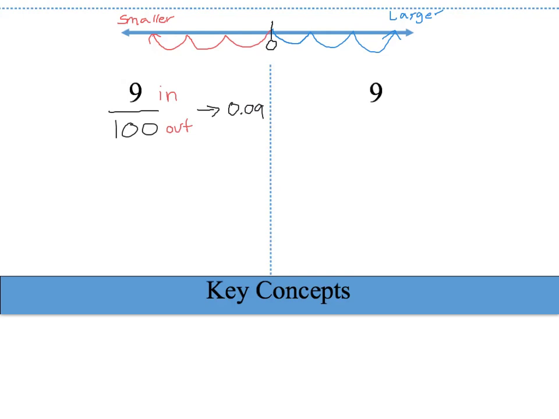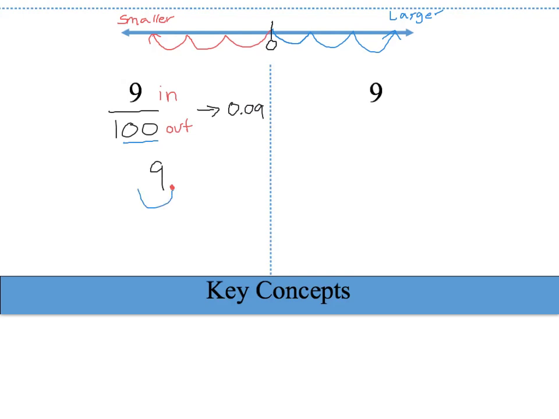So I'm going to start off with a 9, and I know the decimal will be behind the 9. Because the 100 has two zeros in the denominator, I can move my decimal 2 place values to the left.